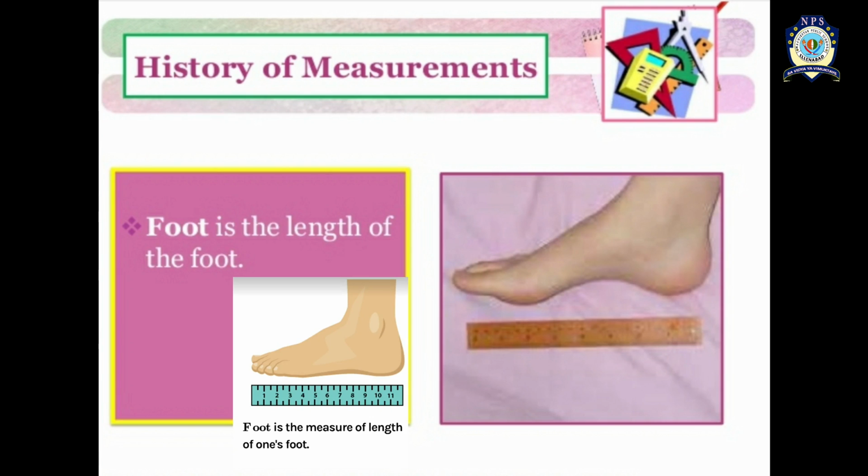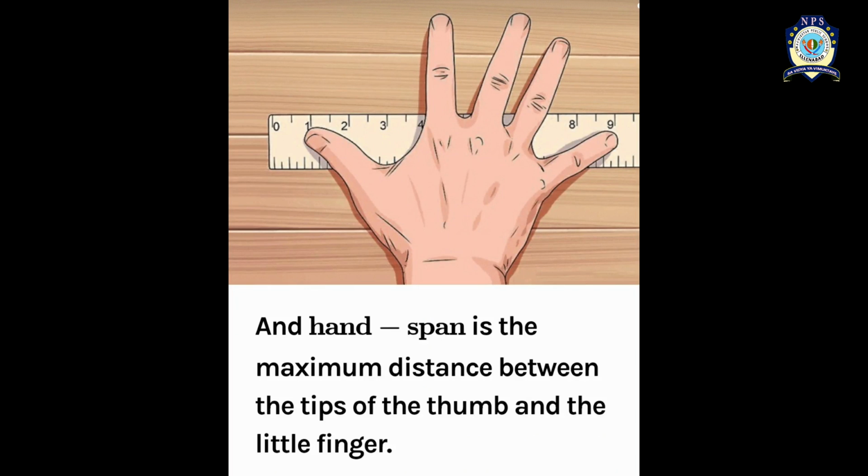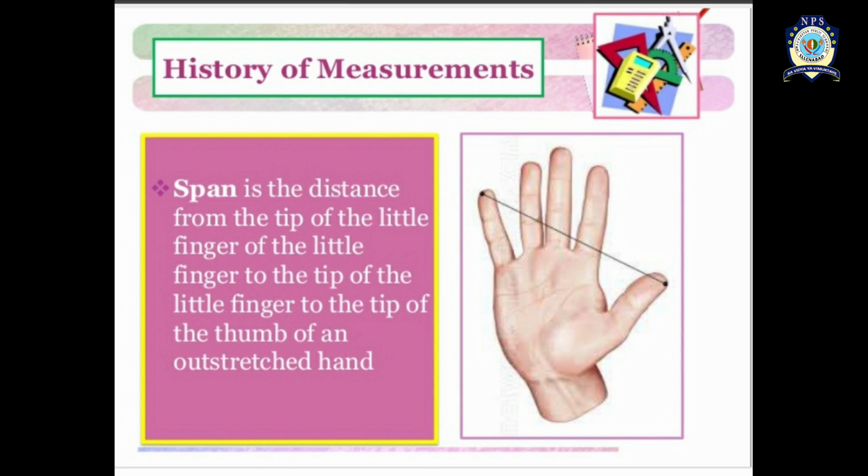Now the next is the foot. The foot is the length of the foot, meaning the length of the 1 foot of the person is used as foot for the measurement. Now the next is hand span. Span is the maximum distance between the tip of the thumb and the tip of the little finger of an outstretched hand, as you can see in the figure which is shown in front of you.